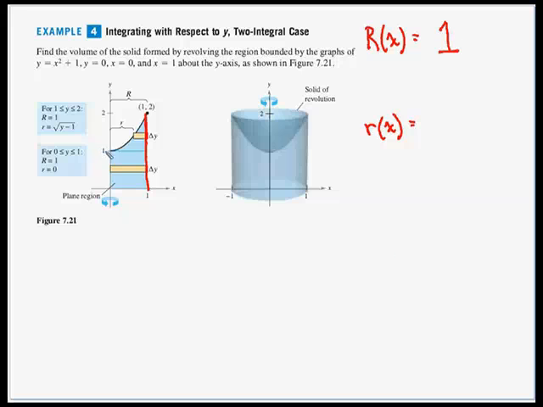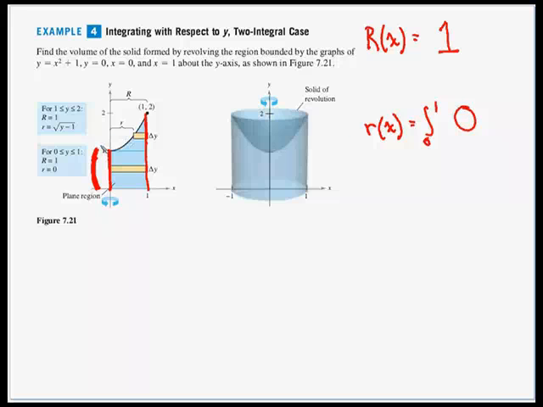Now the inner radius is broken into two separate pieces. As we're moving along the y-axis here, when we integrate between y equals 0 and y equals 1, here's our inner or bottom radius, touching the bottom of this rectangle. And as we integrate from 0 to 1, our lowercase r of x, our inner radii, is just going to be 0.